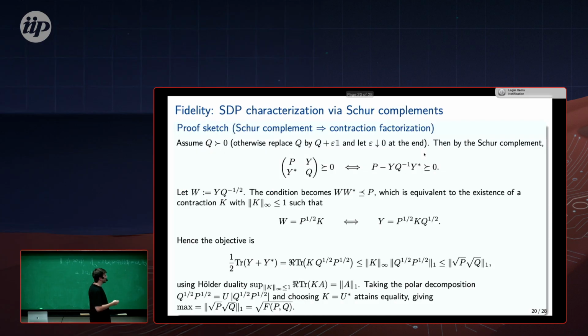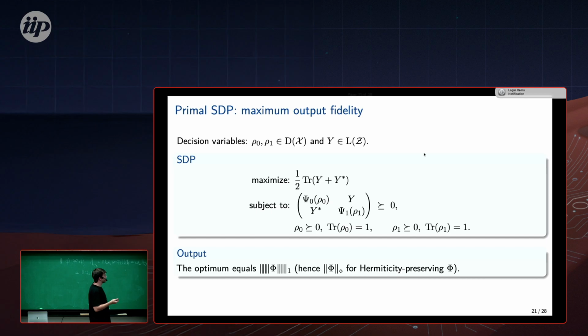And this is how you get this nice result that the diamond norm between, let's say, two quantum channels admits this nice SDP form, because it's just going to be the maximum. Remember, now that we are maximizing over the input states here, the first one, then the second one, this is just the Watrous result.